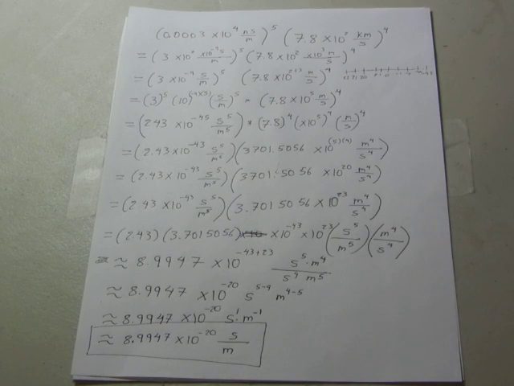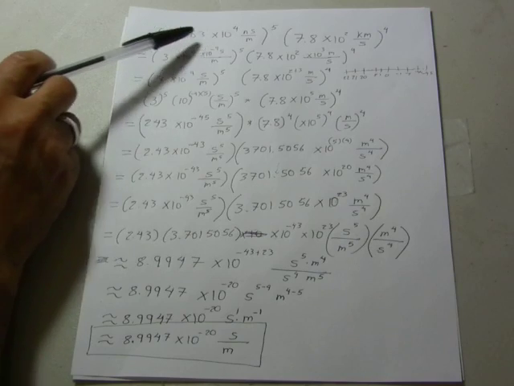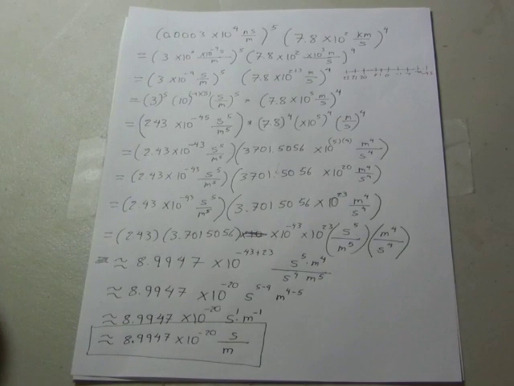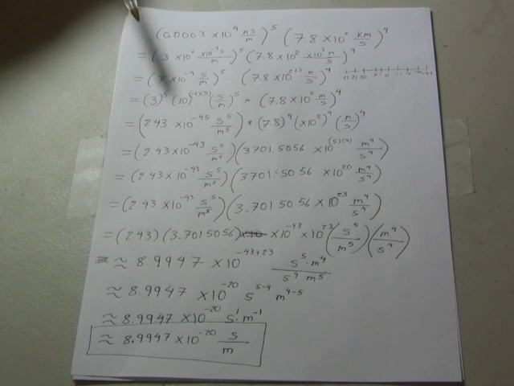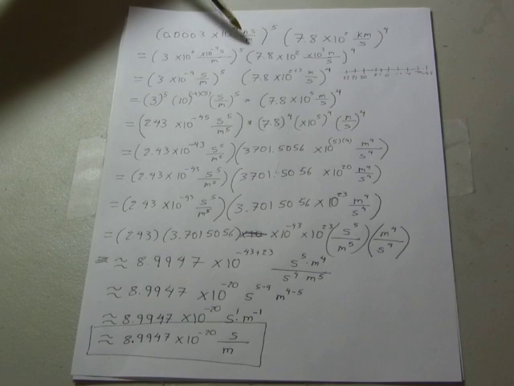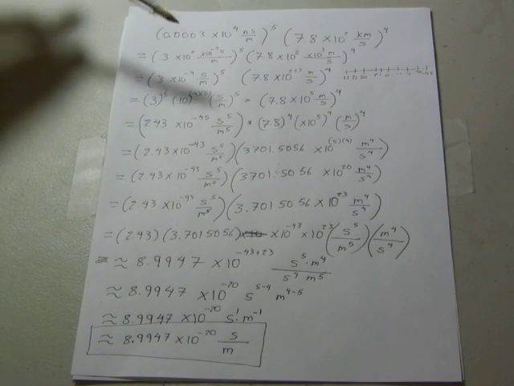That is basically how we solve multiplication. So remember the procedure: try to simplify whatever is inside, get rid of any prefix until you have a power of 10, a scientific notation, and the basic unit in the international system.